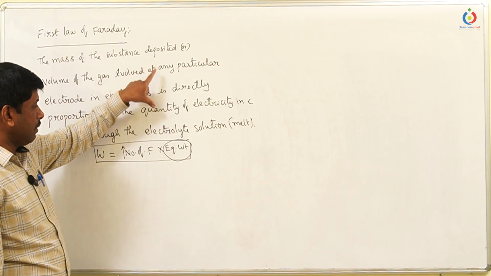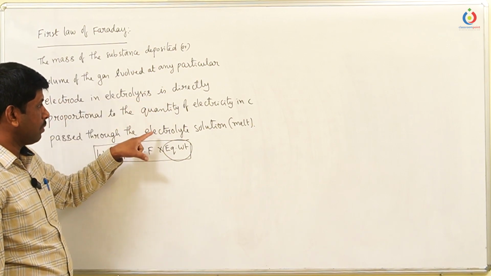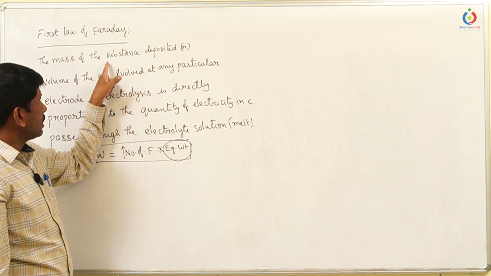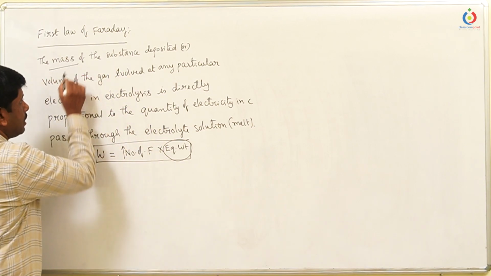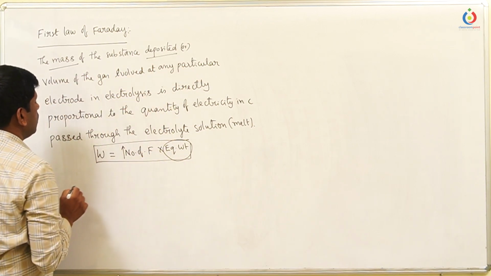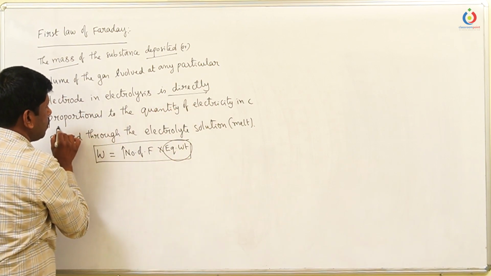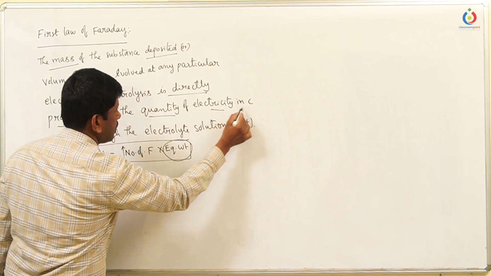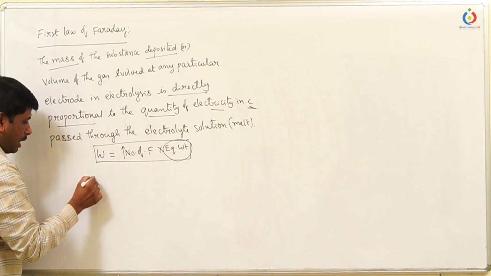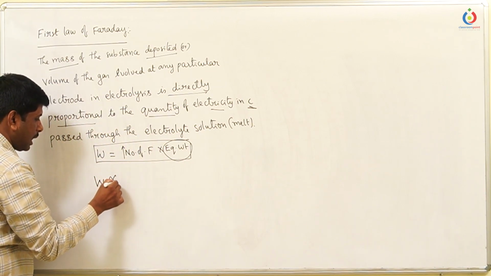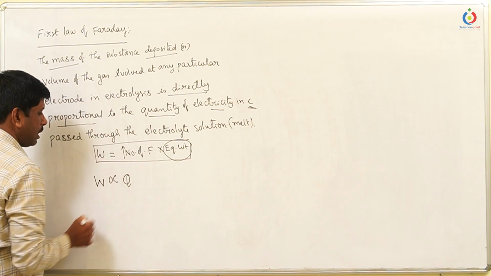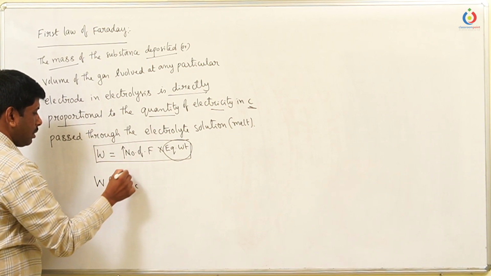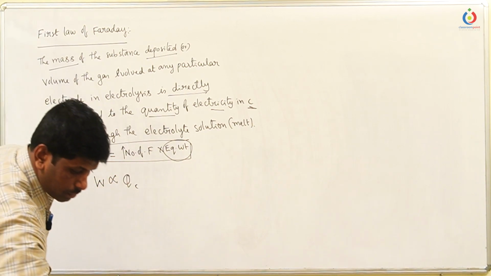Now let us derive this same formula using equation terminology. Mass of the substance deposited is directly proportional to the quantity of electricity in coulombs. So I can write that weight of the substance W is directly proportional to the quantity of electricity Q passed through the solution in coulombs.